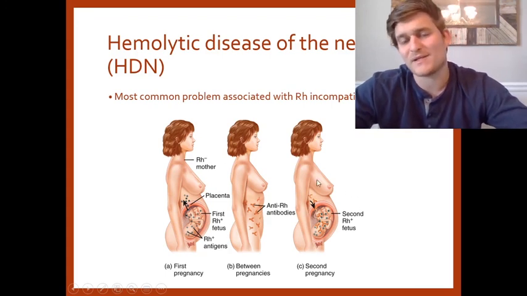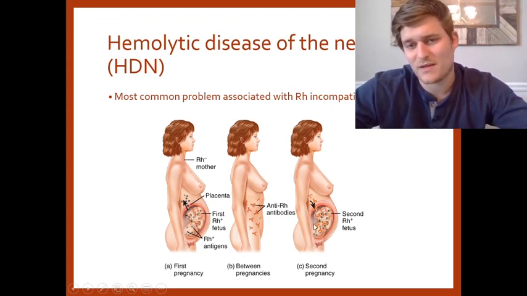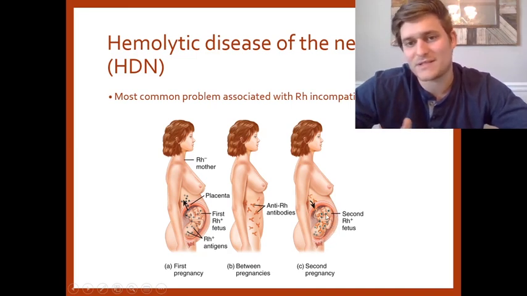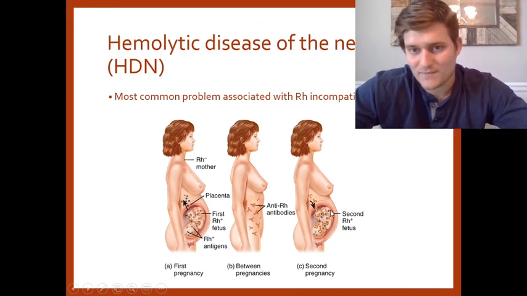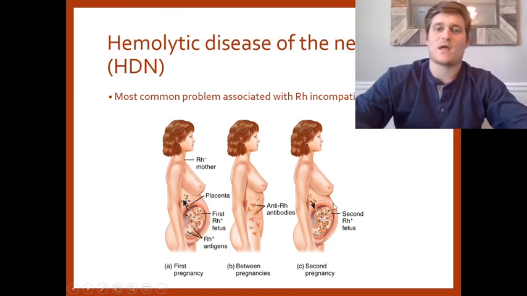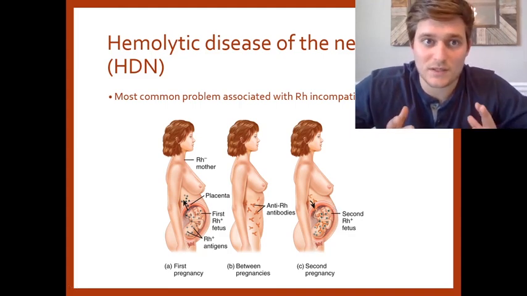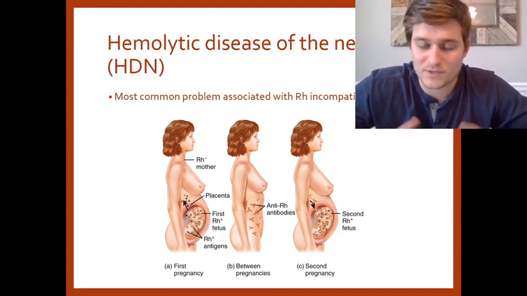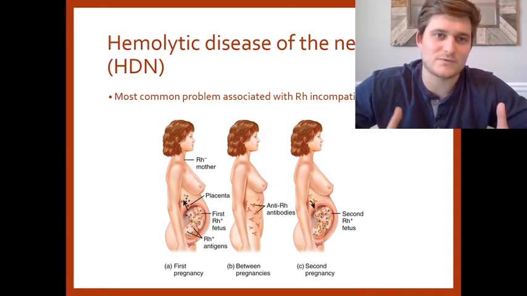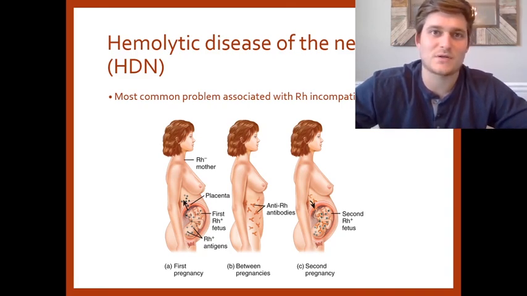Then during a second pregnancy, if the fetus is positive for these rhesus antigens, those antibodies can go across the placenta and cause damage to those erythrocytes. And this can lead to some complications when the newborn comes into the world. This is unfortunate, but it's just the physiological processes that can occur due to blood typing.